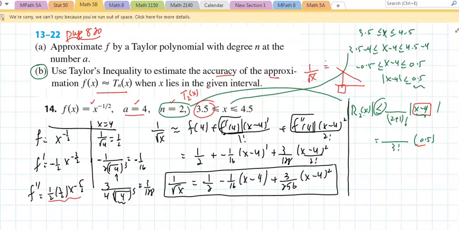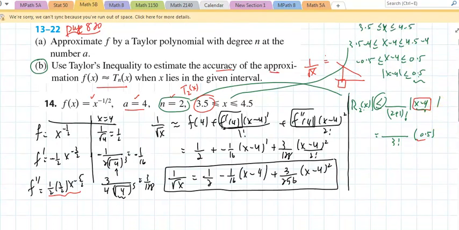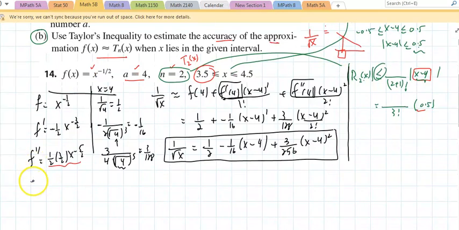Now, let's look at M. For me to figure M, I need to take one more derivative. If I take the third derivative, so every time I stop at some n, I take one more derivative for my error. So that's 1 half times 3 halves times negative 5 halves x to the negative 7 halves.